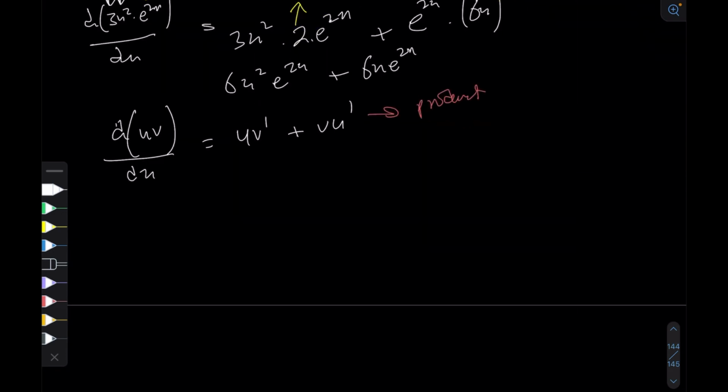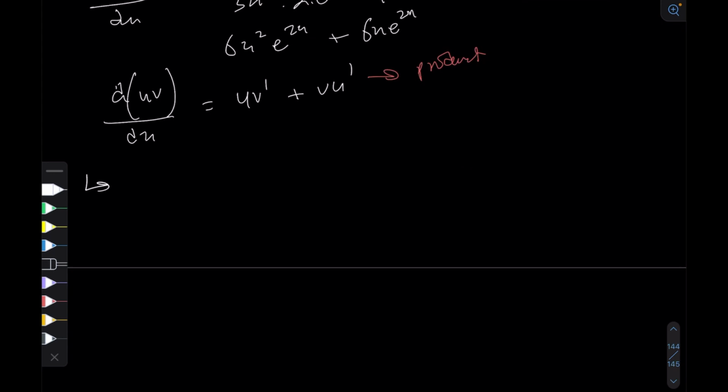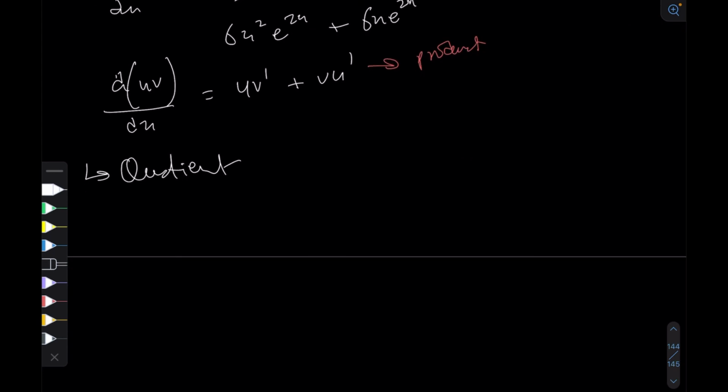And just to look at our last example, the quotient rule. The quotient rule deals with stuff when you have a division in between. So for example, if you want to find the derivative of any u over v, where u is the numerator and v is the denominator, right? So what if I want the differential of, say, 3x squared over e to the 2x?